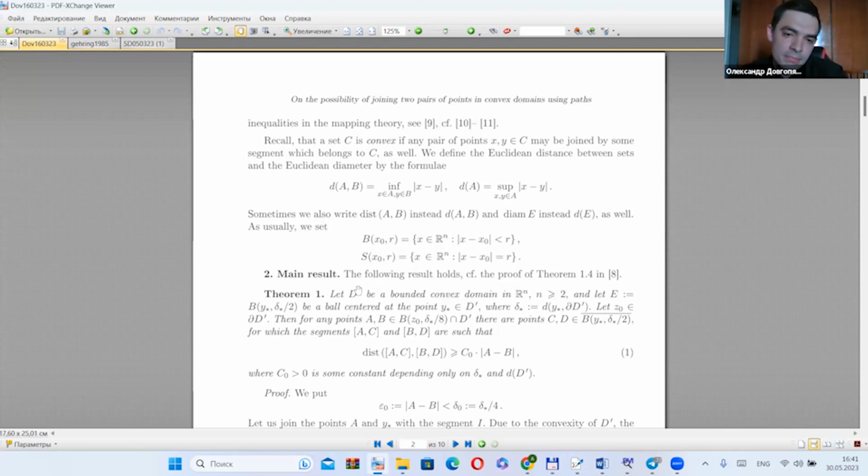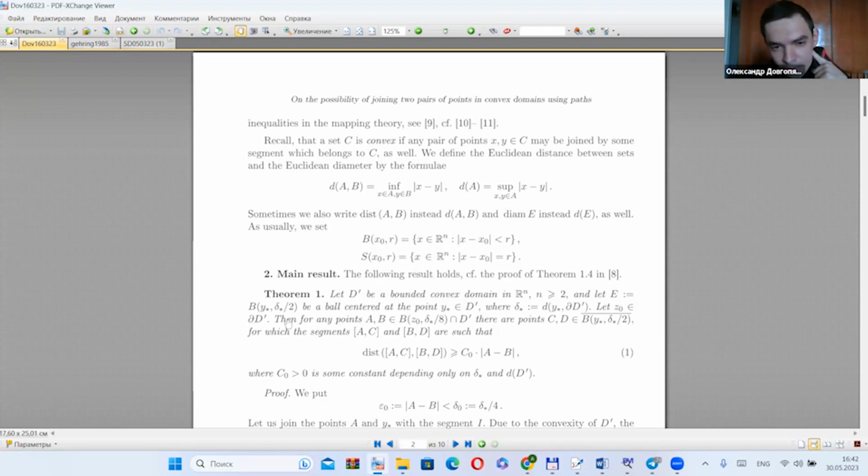Let D prime be a bounded convex domain in R^n, and let B be a ball centered at point y star, which belongs to our domain D prime, with the radius equal to the distance from this point to the boundary of this domain divided by 2. And let Z0 be a point of the boundary of our domain.